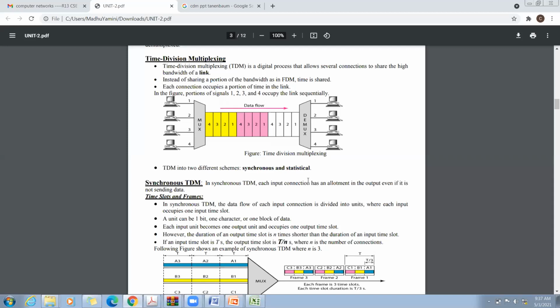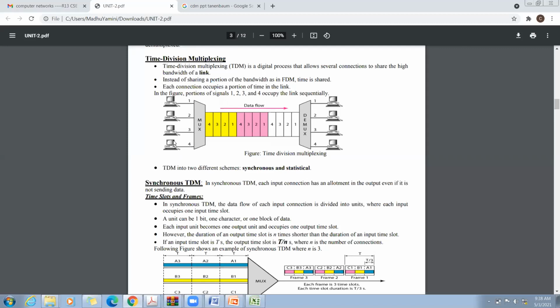See, the second point mentioned here: each connection occupies a portion of time in the link. Each connection means here we have 4 connections. These may be called 4 users, 4 connections, or 4 inputs.